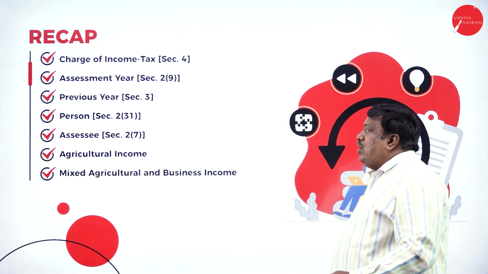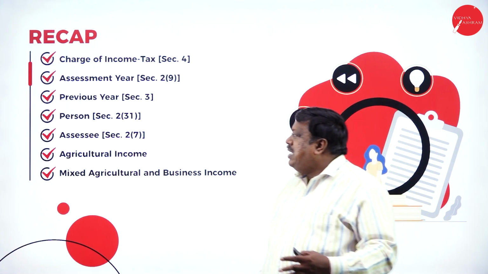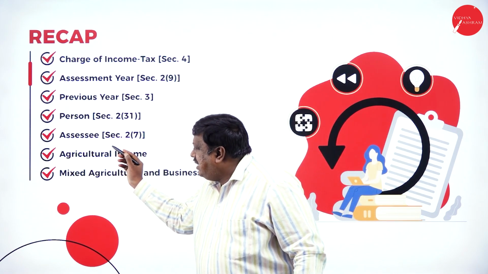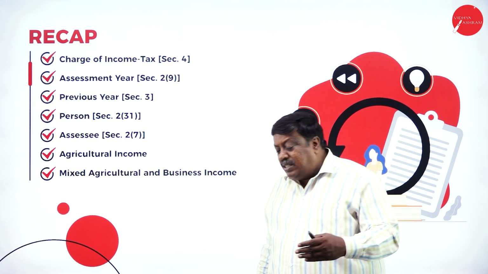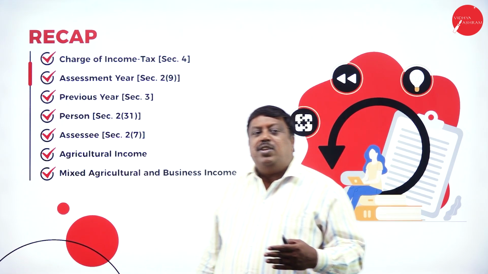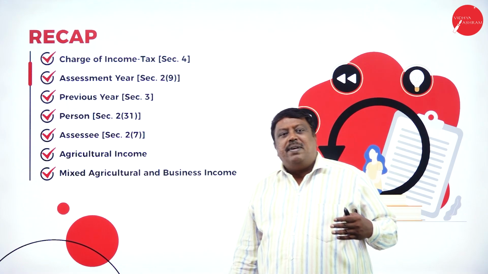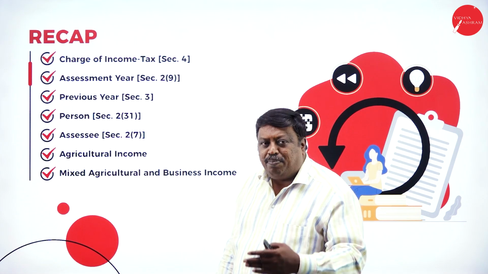The concepts we studied in the earlier session were assessment year, previous year, person, assessee, agricultural income, and mixed agricultural income. A person, according to section 2 subclause 31, is an individual, a partnership firm, a company, an association of persons, a body of individuals, or an artificial juridical person.